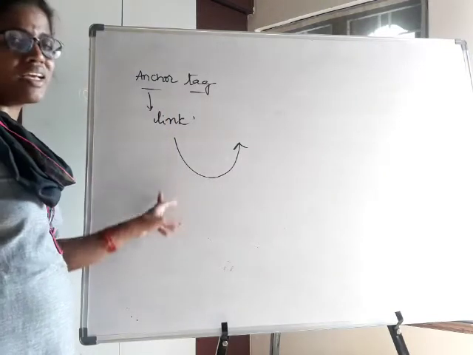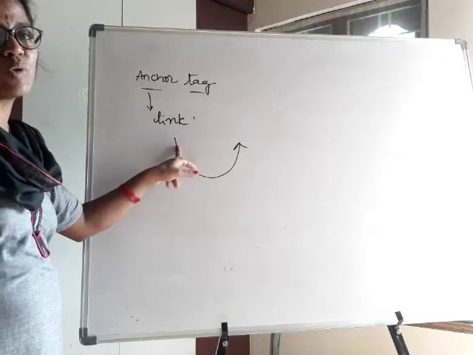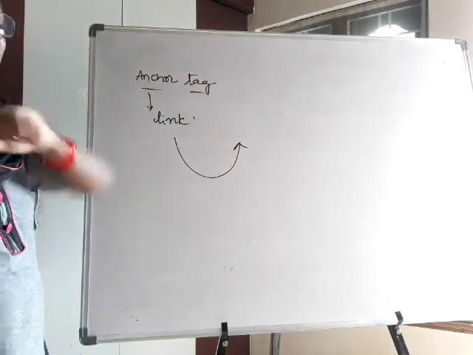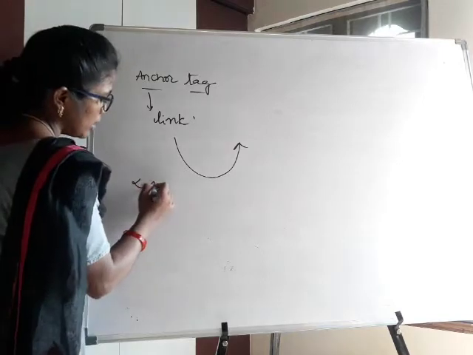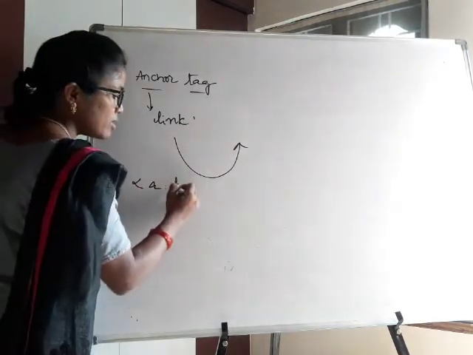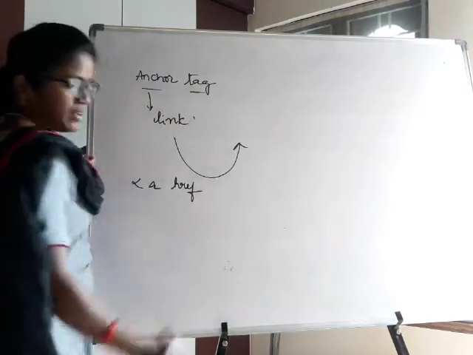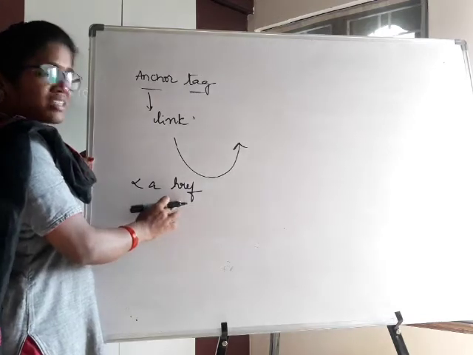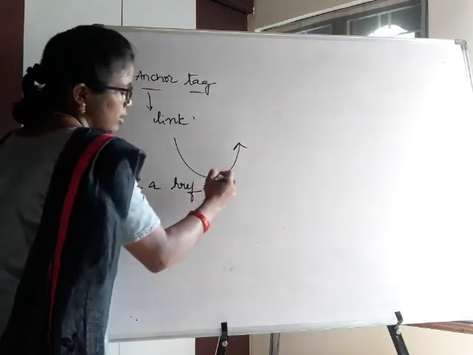So here the meaning is anchor tag is used to link the site from one place to another place. Okay, so here A is an anchor tag, whereas we use href, hyperlink reference. The meaning of href, this is an attribute.